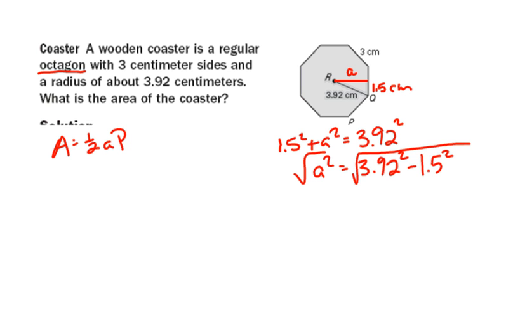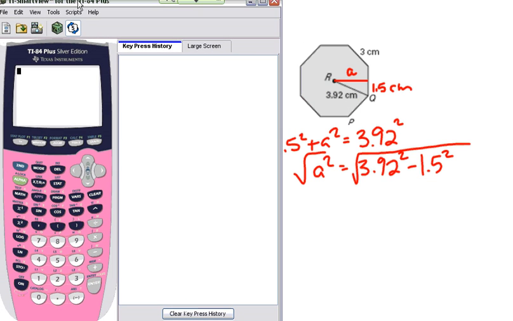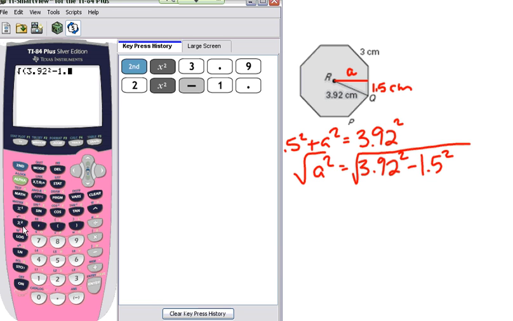So we're going to put that into our calculator. Move my calculator out of the way here. I want to take the square root of 3.92 squared minus 1.5 squared, and that gives me an apothem of about 3.6.